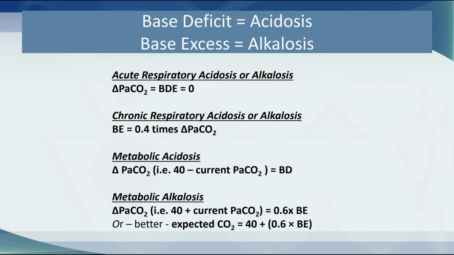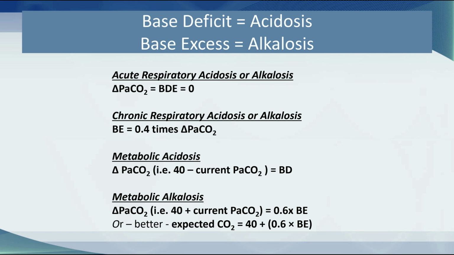So that's 0. So if you see a minus base excess, there is an issue. If the base excess is 0 and the partial pressure of CO2 is high or low, you know you've got a respiratory problem.